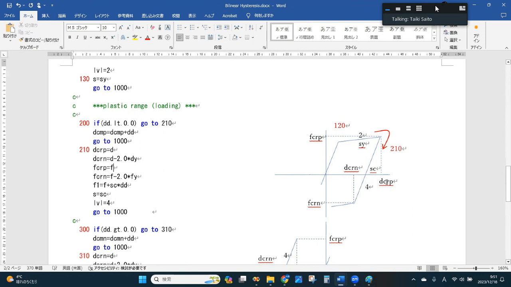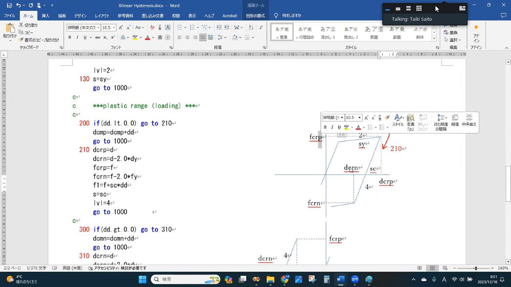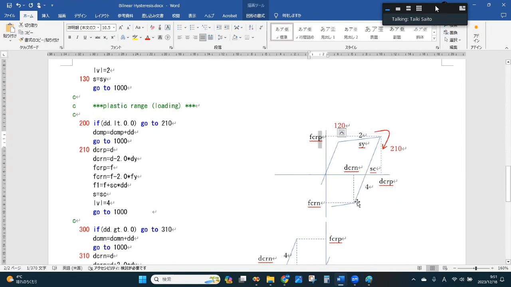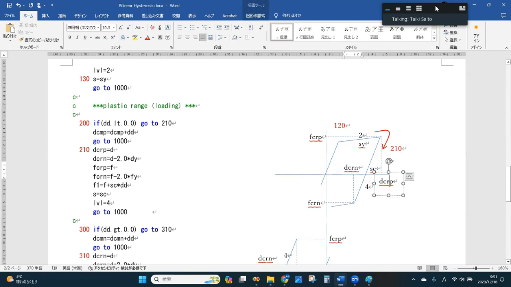The positive side we name DCRP, and the force is FCRP. And the left side we call the negative side, DCRN and FCRN. How to get this displacement? It's easy. Always, the distance between two deformations, this one, is twice Dy.